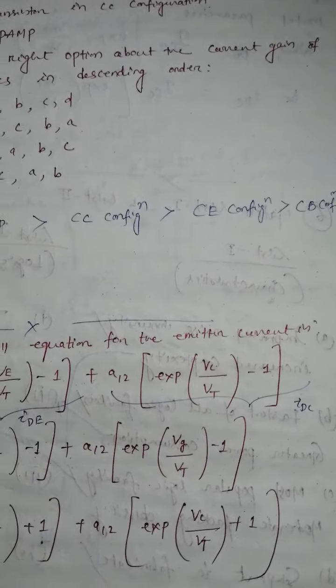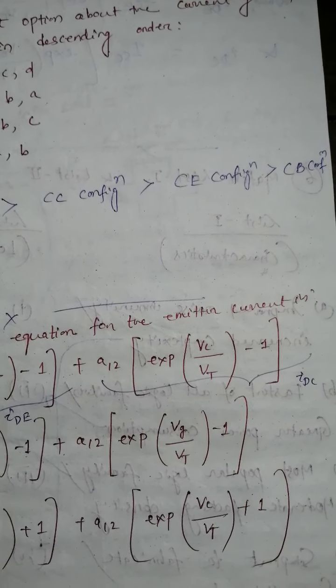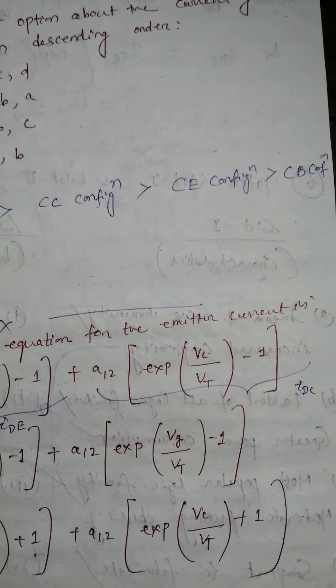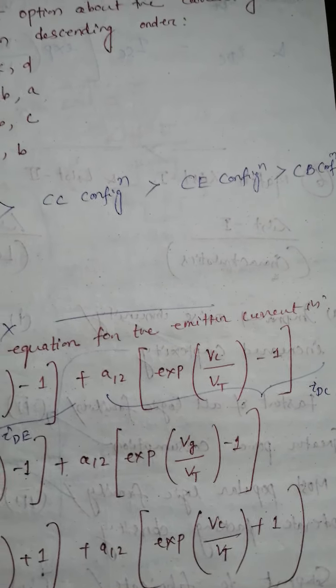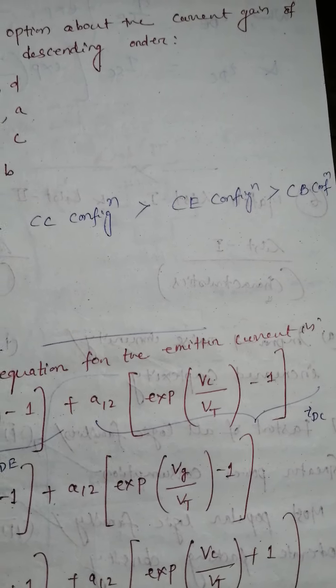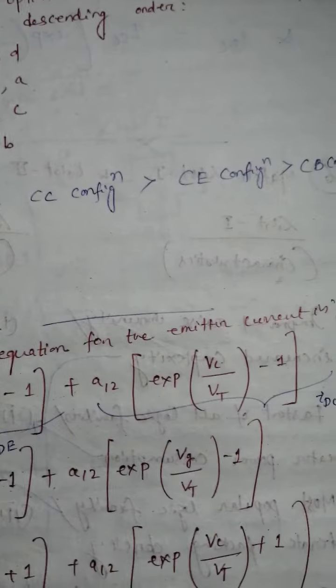And the second part, that is A12 into exponential within brackets Vc by Vt, minus 1, square bracket closes, refers to IDC current. This current is IDE current and the second part current is IDC current.